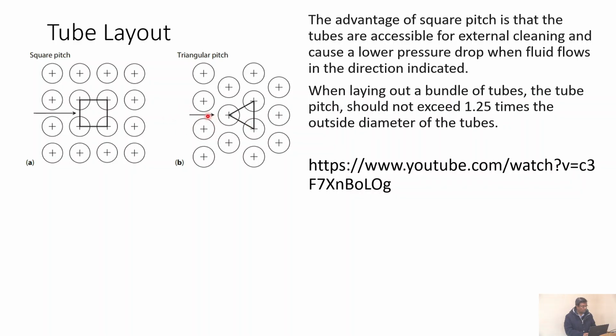Because this flow encounters another tube in its path, whereas this flow can kind of bypass the tubes to some extent, right? But here it hits another tube, then it will pass the tubes, so there will be heat transfer. Then after coming here, maybe a little bit of bypass, but this flow again encounters another tube. So that sort of thing.